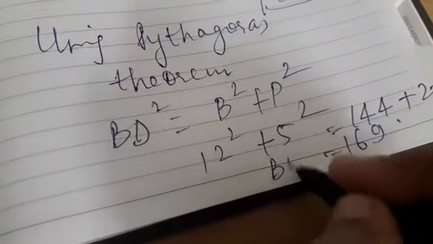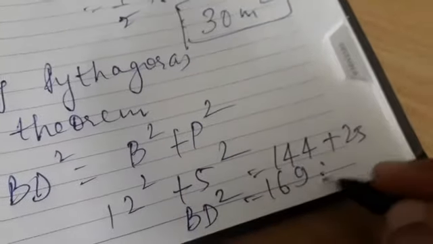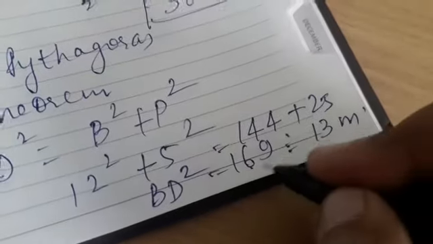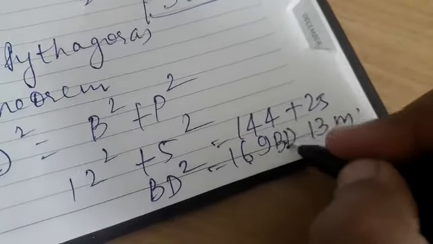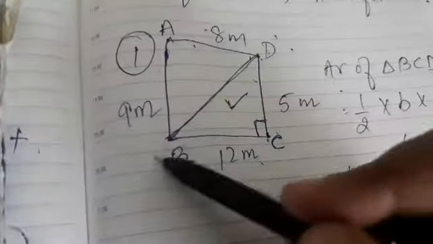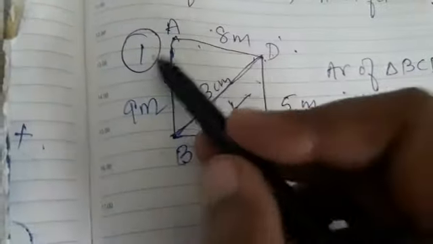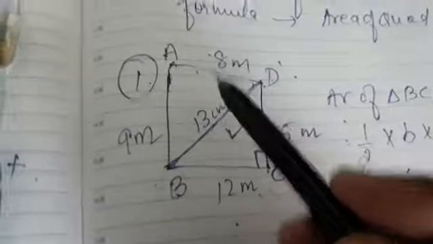So BD square is 169, and the square root of 169 will be equal to 13 meter. That is the hypotenuse of the triangle, and this hypotenuse is the third side of the other triangle. Did you follow what I said?